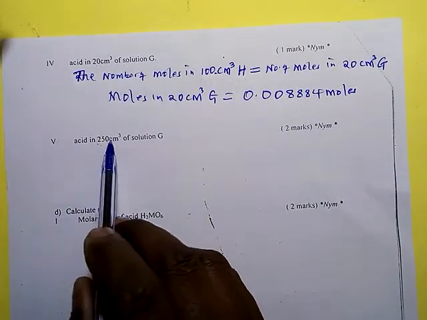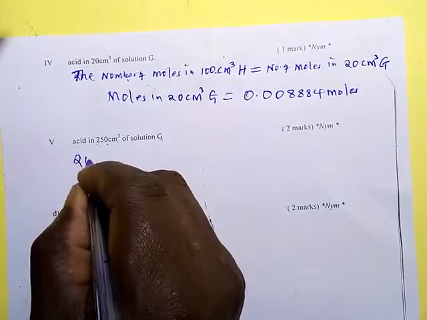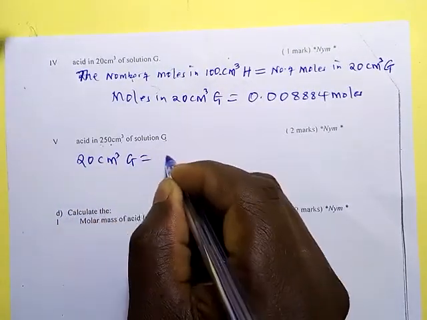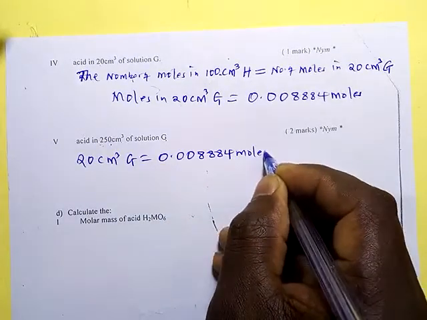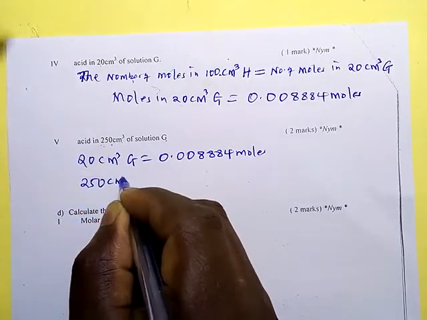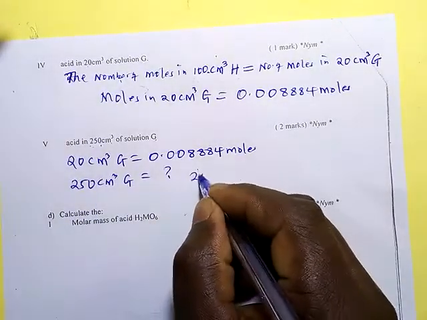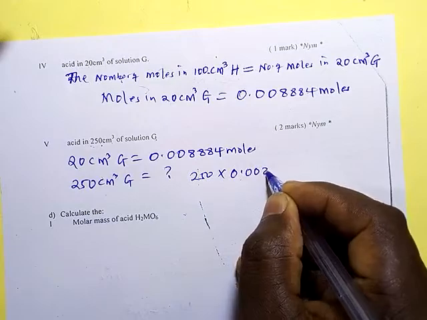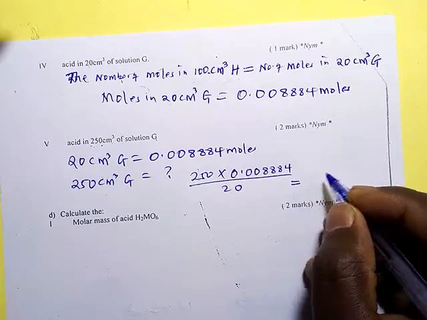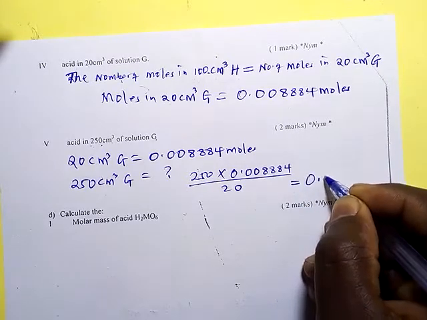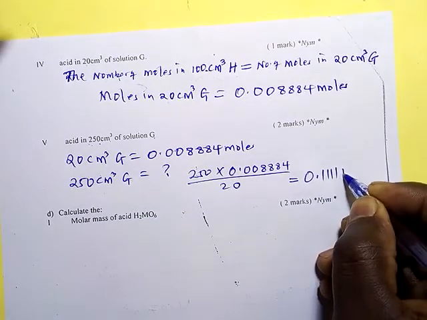Determine the number of moles in 250 centimeters cube of solution G. We have in 20, so what will be in 250? 20 centimeters cube of solution G contains 0.008884 moles, so 250 centimeters cube will contain 250 times 0.008884 divided by 20, which gives us 0.1111 moles.